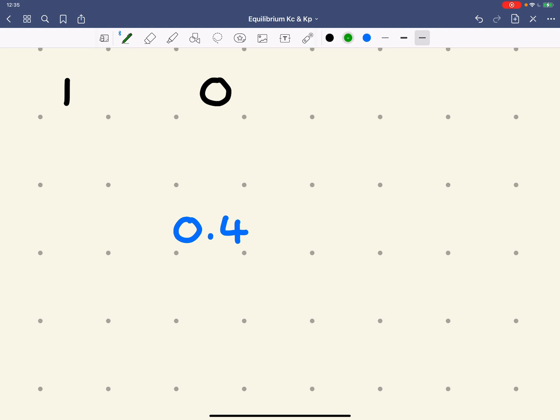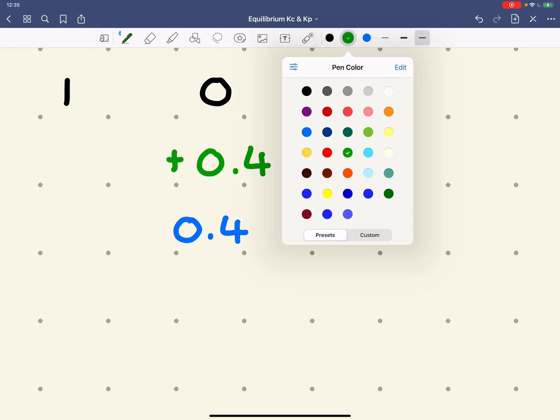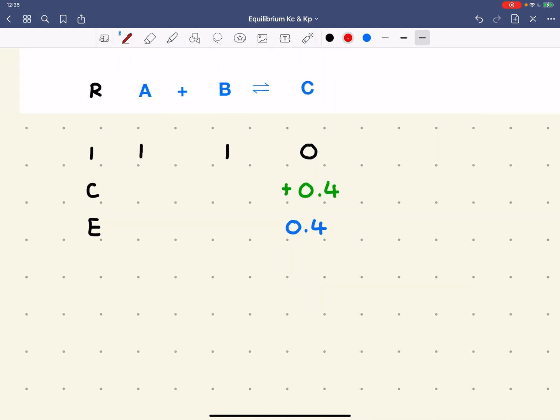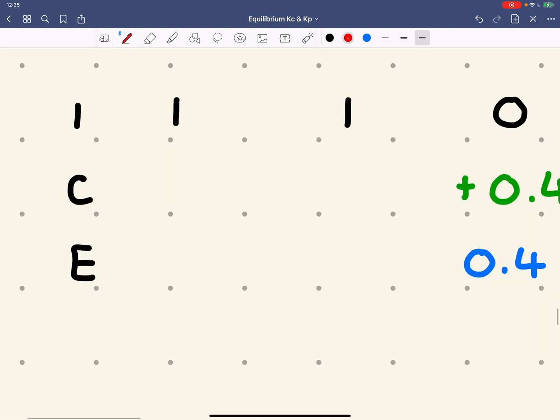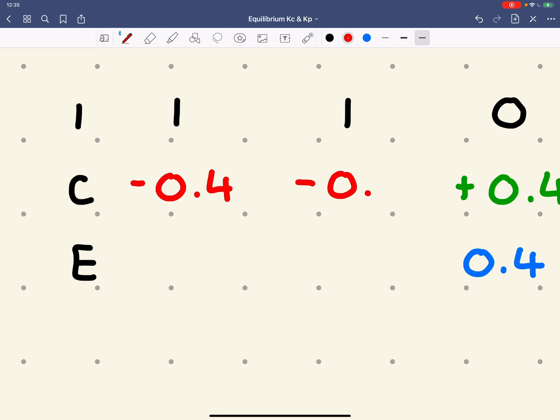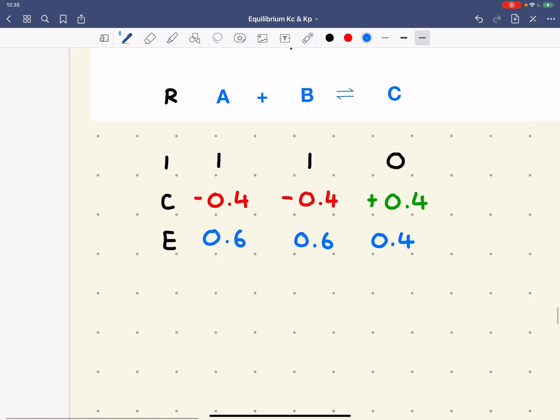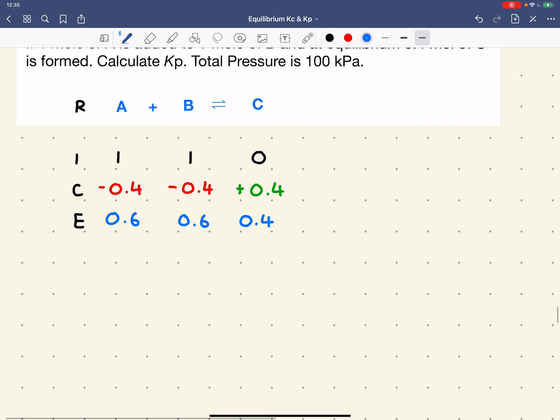So the moles of C has increased by 0.4, and that means that the moles of A and B, because it's a 1-to-1 mole ratio, must have both decreased by 0.4, which would give me 1 minus 0.4, which is 0.6 moles at equilibrium. So I've got my moles of each component in my equilibrium mixture.